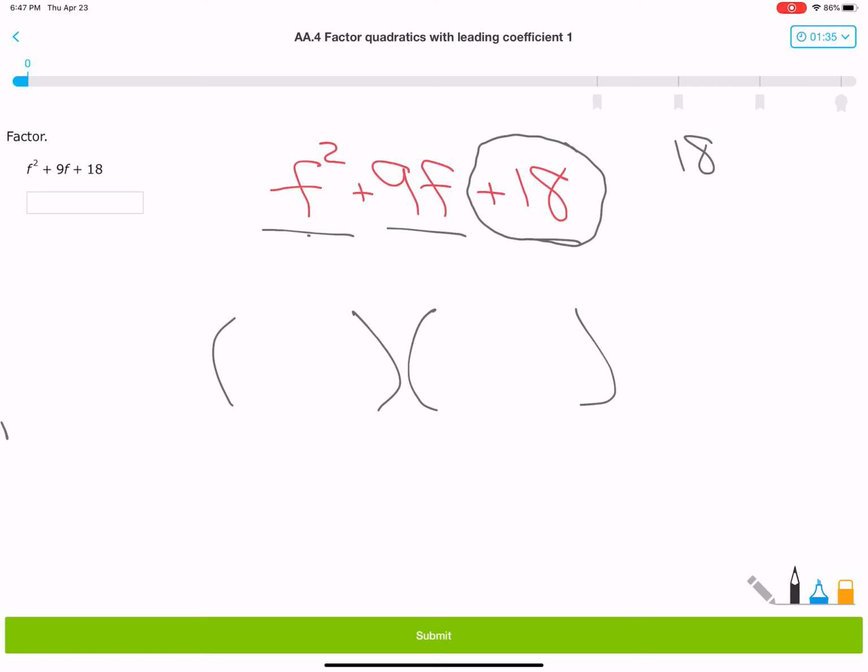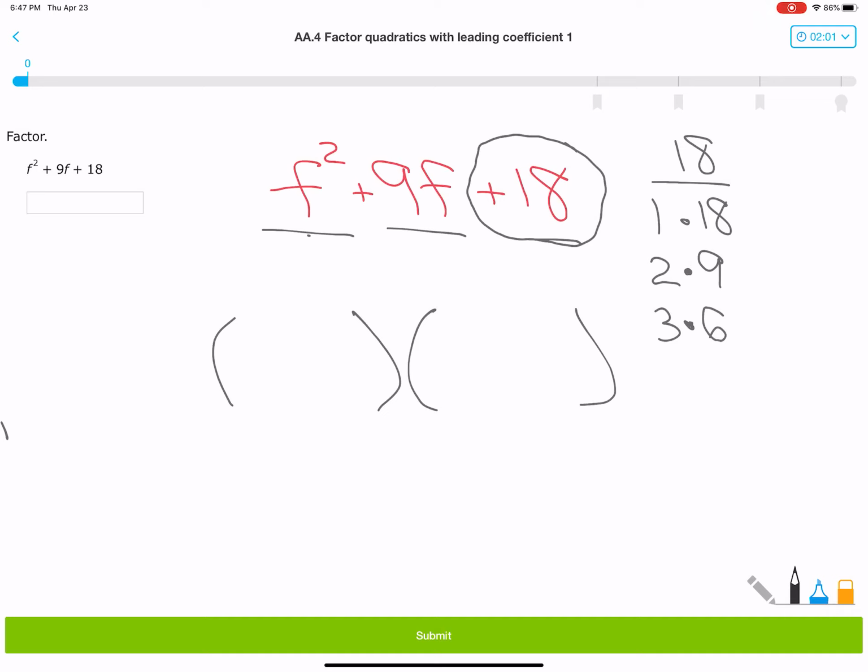The first thing we have to think about is what numbers multiply to give me 18. Well, I know 1 times 18, 2 times 9, 3 times 6, and I think that's it.